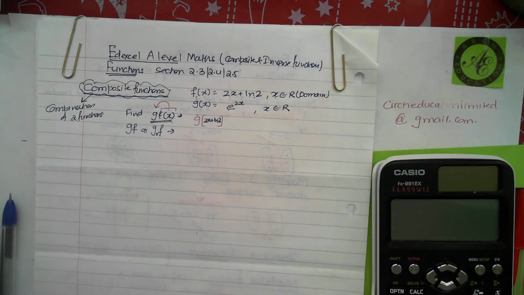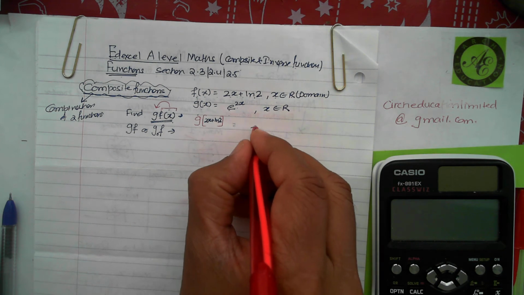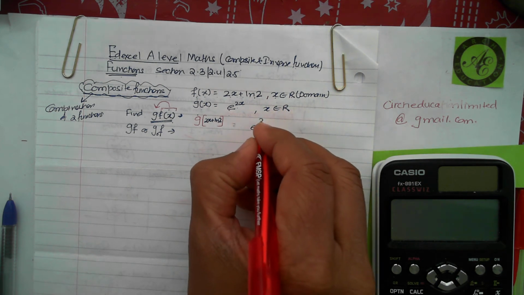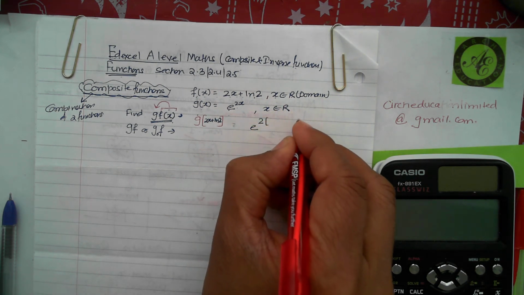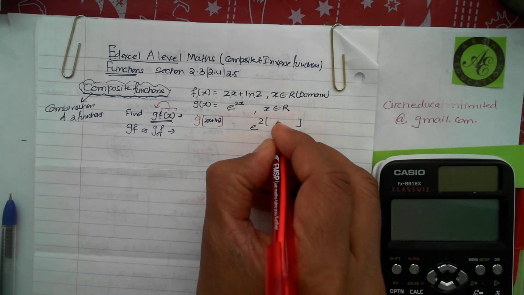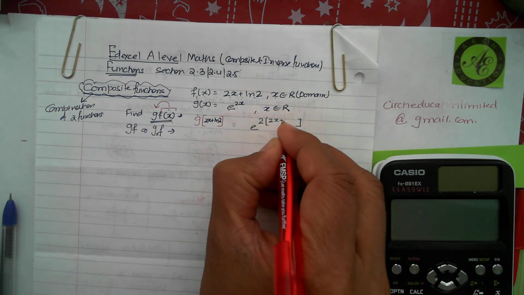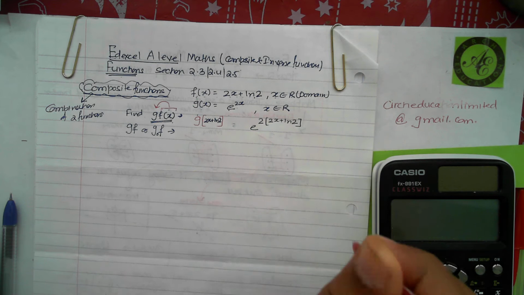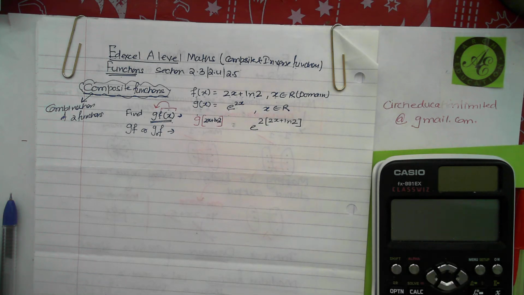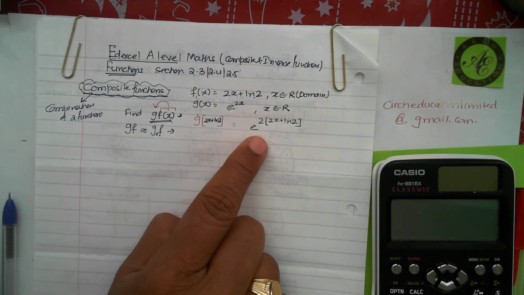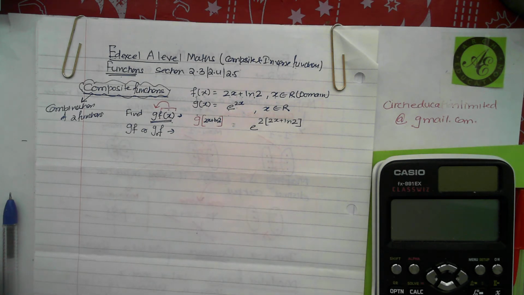So the answer would be e to the power, the 2 stays as it is, and instead of x we write 2x plus ln 2. With your previous knowledge of exponential functions, I would advise you to start working on this yourself, see what the answer is. I'll show you that after you've done.